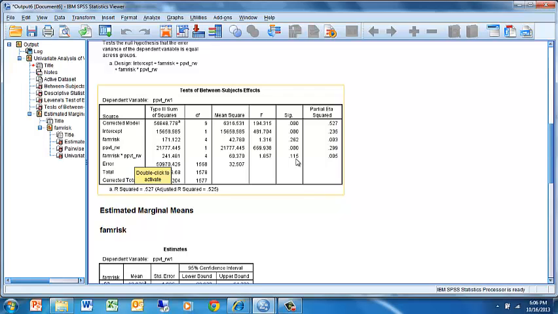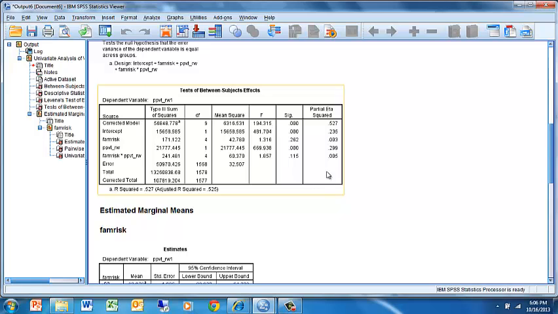It means that we have met the assumption of homogeneity of regression, and we can use PPVT kindergarten scores as a covariate. If this value had been less than 0.05, we would not have been able to use the kindergarten PPVT scores as a covariate, because our lines would not have been parallel for regression between covariate and the dependent variable for each different level of family risk.